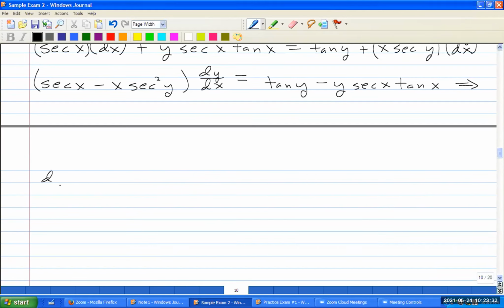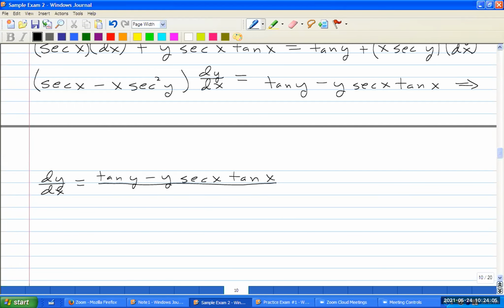So dy dx is equal to the right-hand side of my equation, tangent y minus y secant x tangent x, all divided by, well, what's in front of the dy dx?